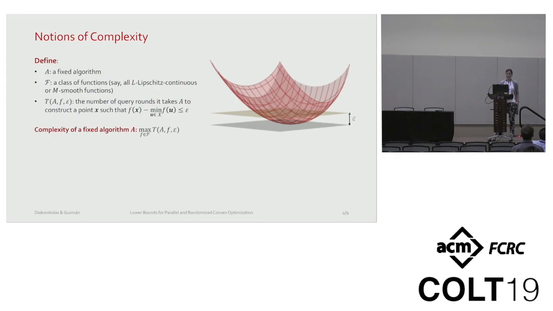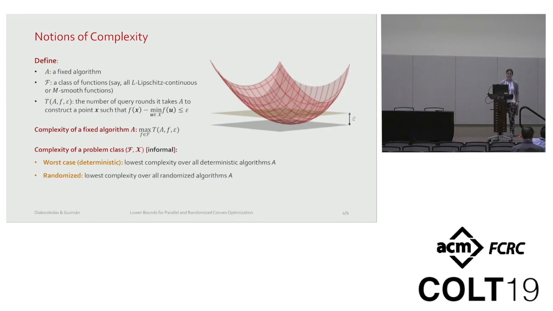So the complexity of a fixed algorithm is its performance, its running time on the worst case instance from the class. So when you want to talk about complexity of a problem class, you look at the best algorithm in terms of its time, its complexity, and you can look at all the deterministic algorithms or all the randomized algorithms, and one very general way of looking at algorithms is in the high probability complexity model.